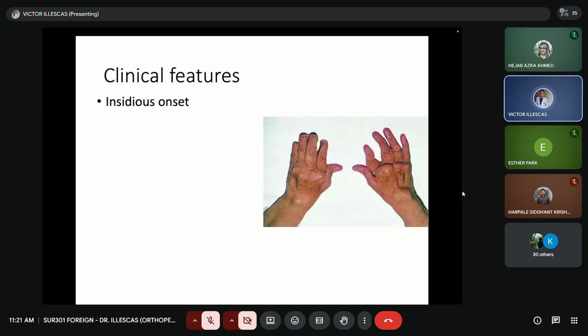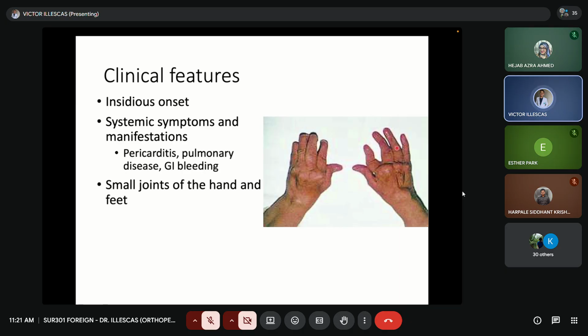So this is insidious in onset with systemic symptoms and manifestations such as pericarditis, pulmonary diseases, and GI bleeding. It affects mostly small joints of the hands and the feet. Okay? Compare that to our degenerative osteoarthritis that affects mostly big joints.